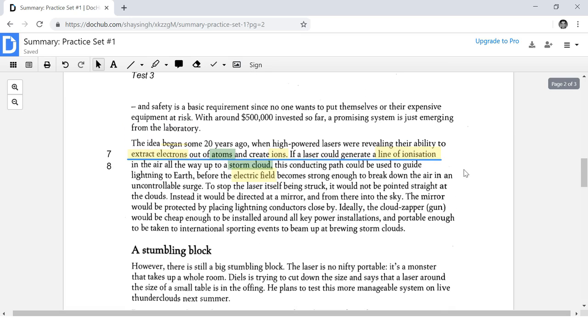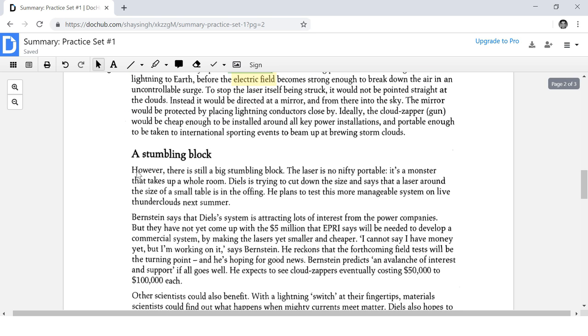That's my main keyword for this part over here. So let's start to scan over here. Probably I'm going to find the answer around here. Less dangerous than. Less dangerous. Okay, it talks about being cheap, portable. It doesn't mention that here.